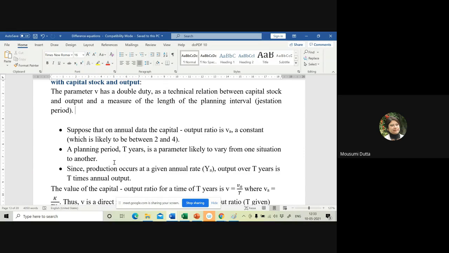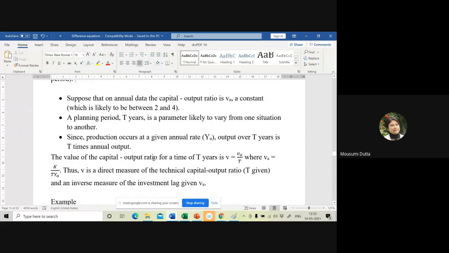So if it is a project for 5 years, in every year a target will be decided, and the annual rate will be given by YA. If I multiply YA with T, we will get the total output, the completion of the project. So that is the idea.